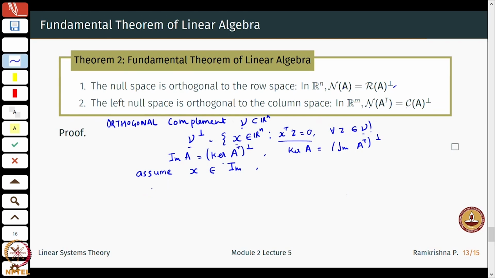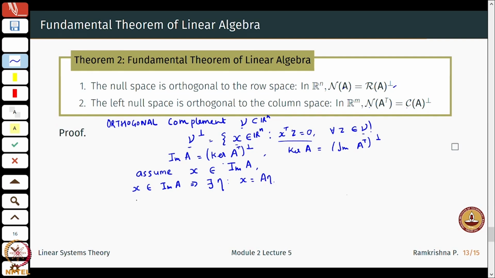Okay, assume that x belongs to the image of A, which means there exists some vector eta such that x comes as A multiplied with this eta.